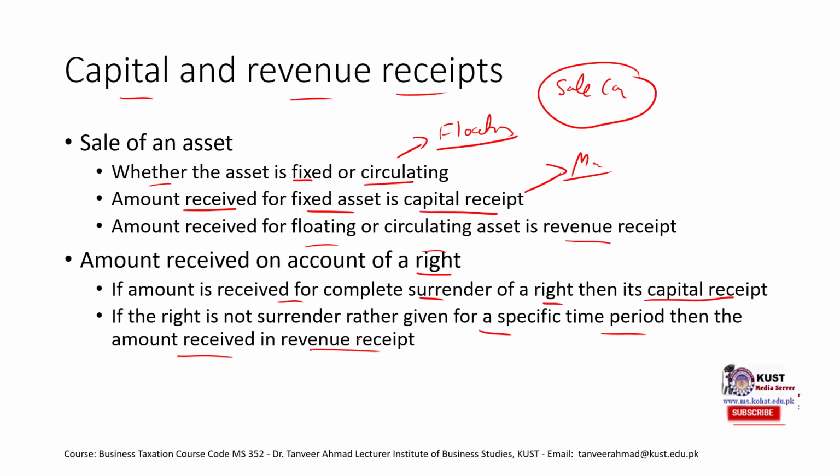In that case, they are not surrendering the rights. The right still remains with Microsoft. They are giving it to you for the purpose of use. So the amount in this case would be a revenue receipt, and we would have to calculate taxes on it.